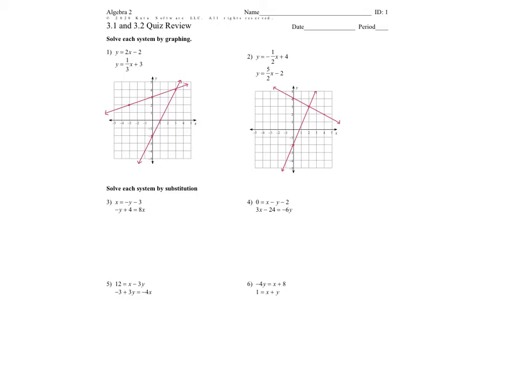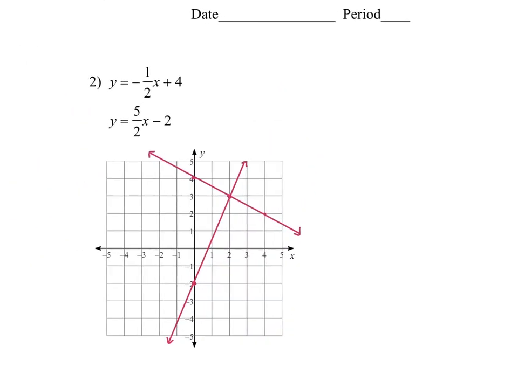Two and 3. So it's this point. So what's x equal to? Is x 2 or is x 3? You said our point was 2, 3.